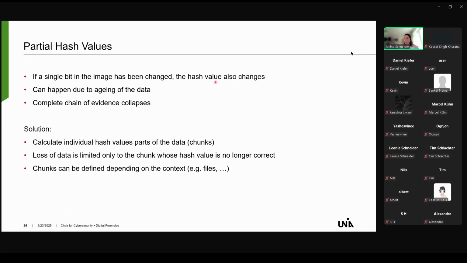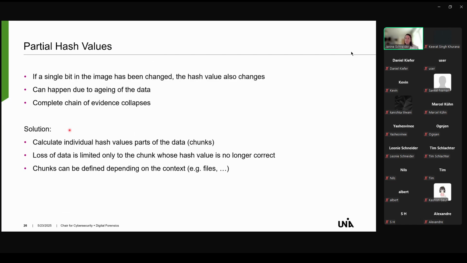You use the ones where even a single bit changes the hash value, because you want to see if stuff changed. And that can also happen because of aging of the data, or if you use specific storage technologies like SSDs. And if that happens, the whole chain of evidence could collapse.